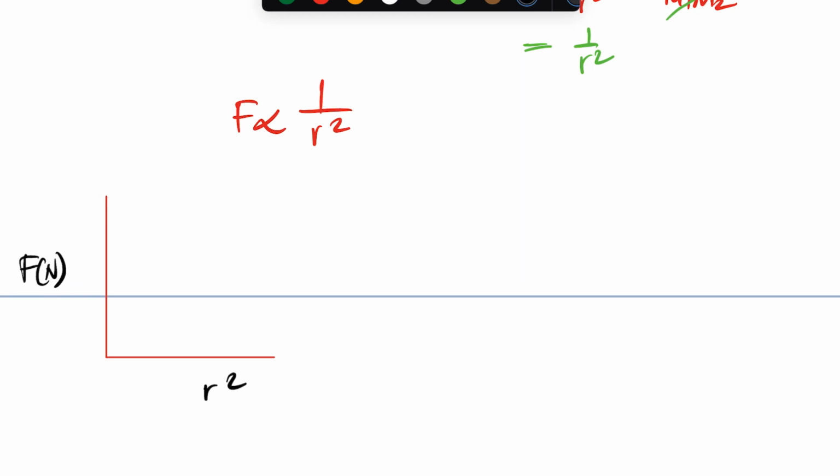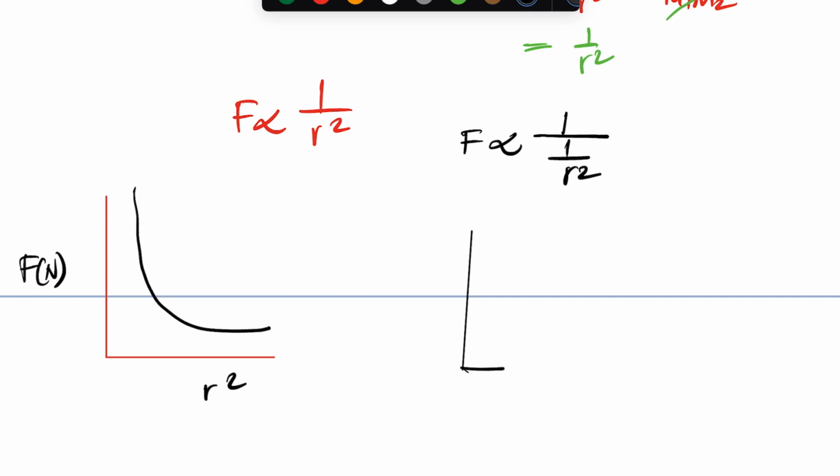So the inverse proportionality, it's going to be an exponential curve like that, so it doesn't have a gradient. But now let's say we say the force is directly proportional to an inverse of a distance, so it's going to be a graph like that.